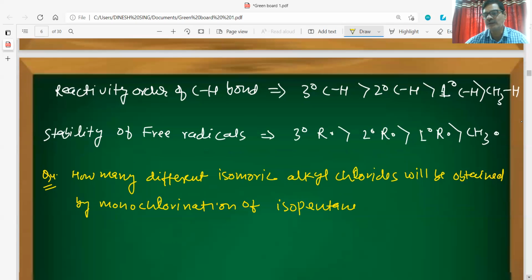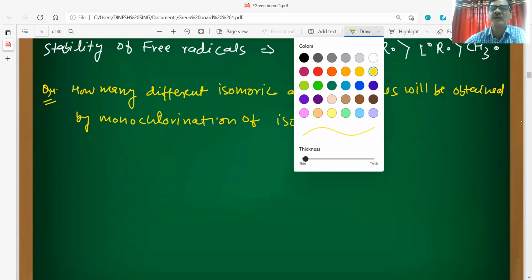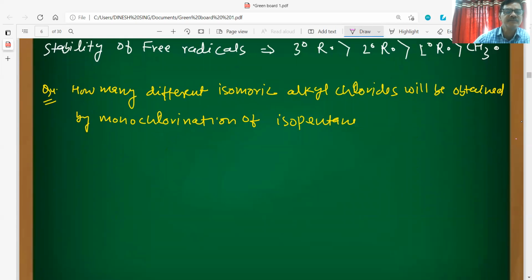By the monochlorination of isopentane, how many total isomeric alkyl halides will be obtained?